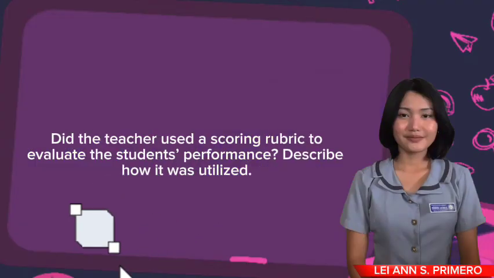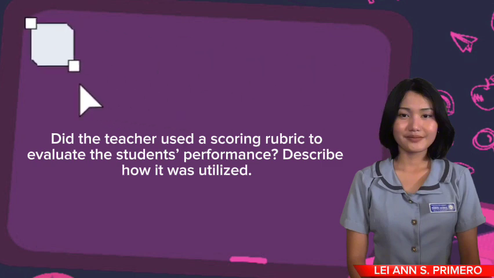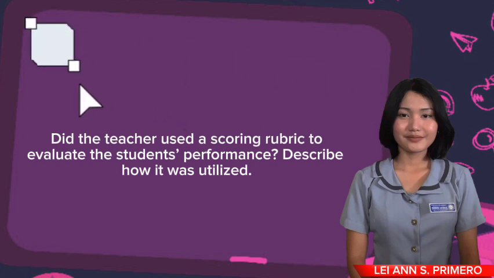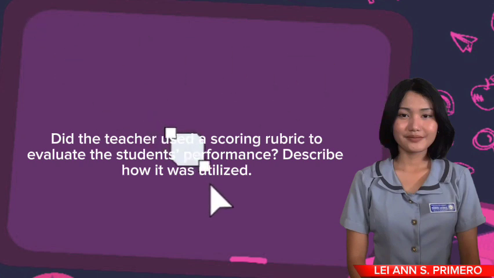Using a scoring rubric is a common method for assessing students' performance. A scoring rubric typically outlines the criteria and expectations for different levels of performance. Teachers may assign scores based on how well students met these criteria.